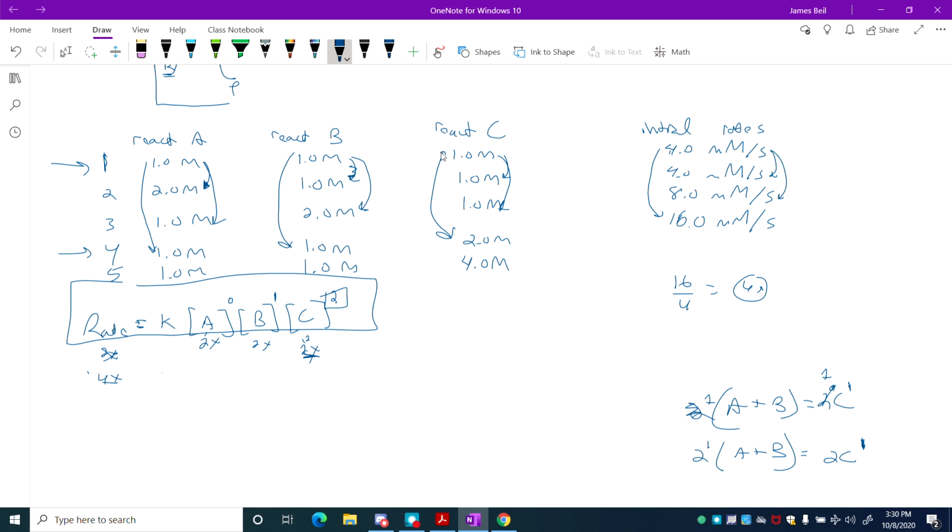If I go from 1 molar to 4 molar, and that's the only change I've made, and I tell you it's second order, how much would the rate change? Would it be double?